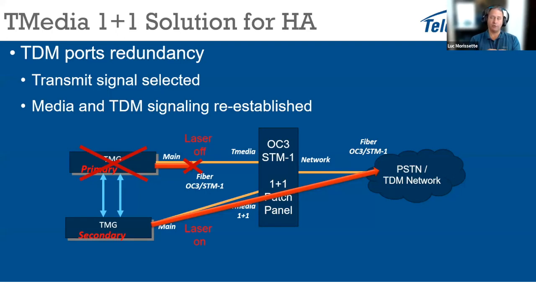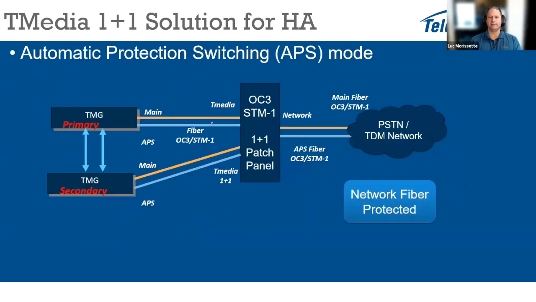If the watchdog runs out of time, it will force the unit to completely shut down and restart, meaning that the laser will also go off in that case. So this communication is important so that the system decides who is transmitting through this patch panel. Everything is reestablished on the secondary unit, so all the traffic is sent normally at that time.